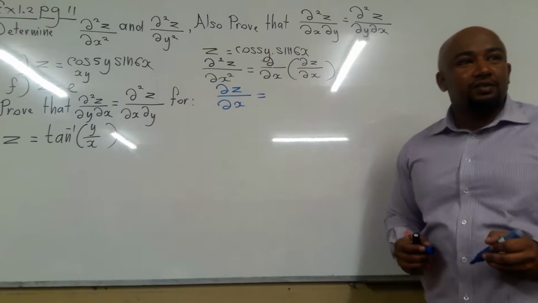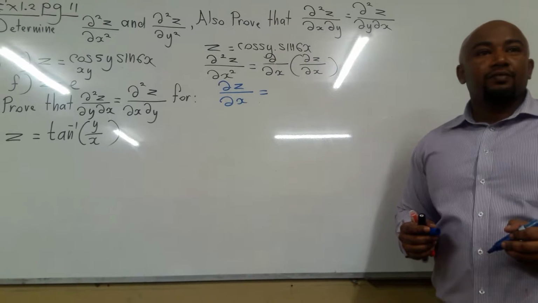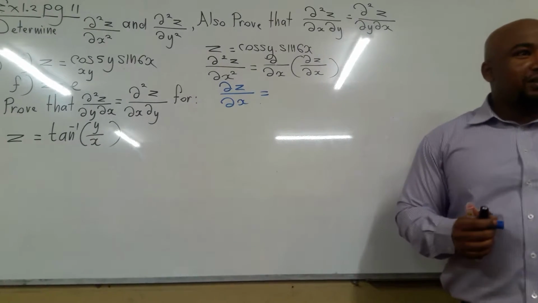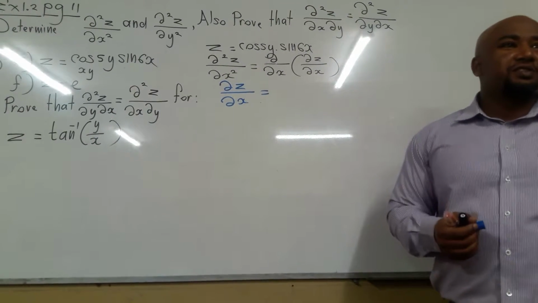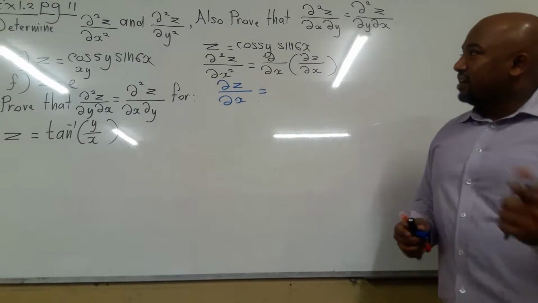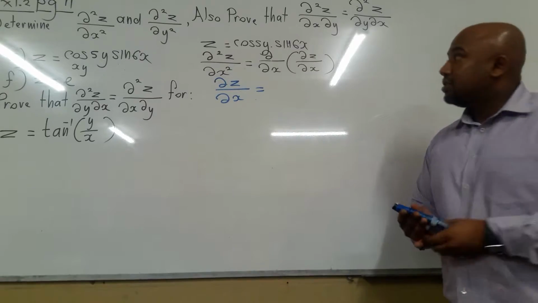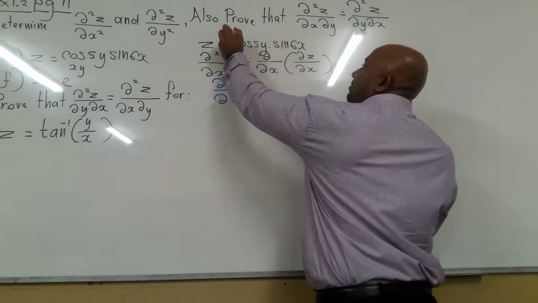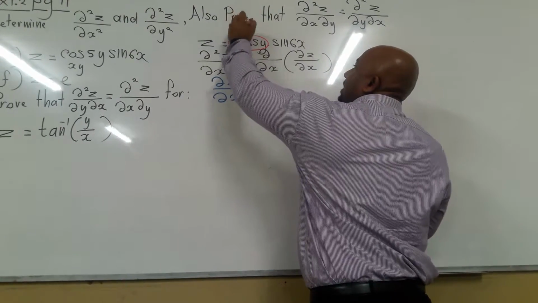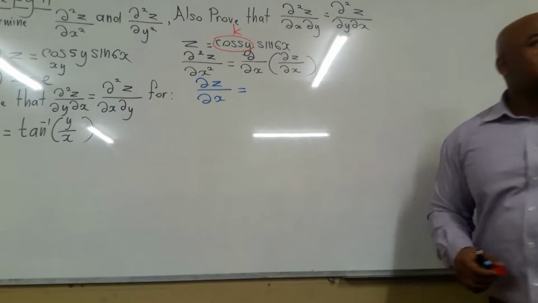Can I use the product rule? I can use the product rule, but do I need to use it? Is it necessary? It's not necessary because I'm differentiating with respect to x. So I will treat cos of 5y as k a constant.